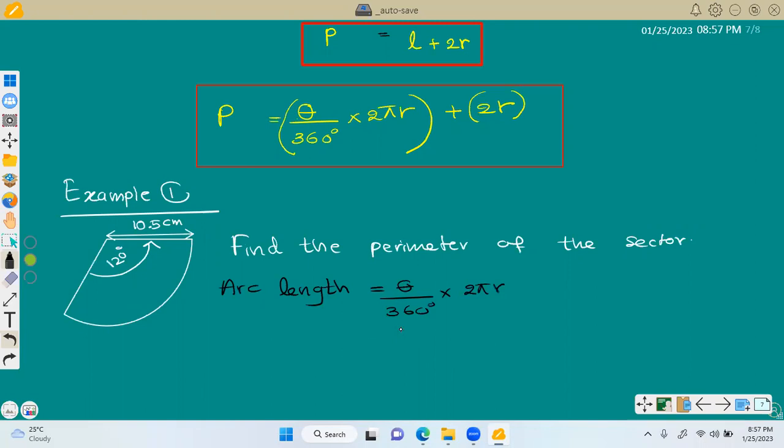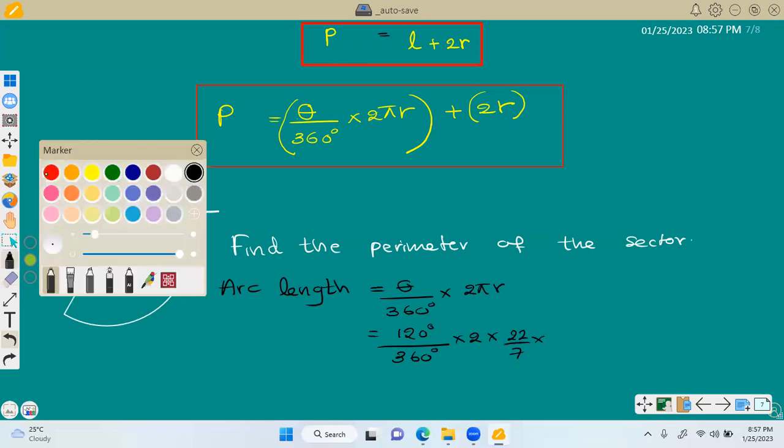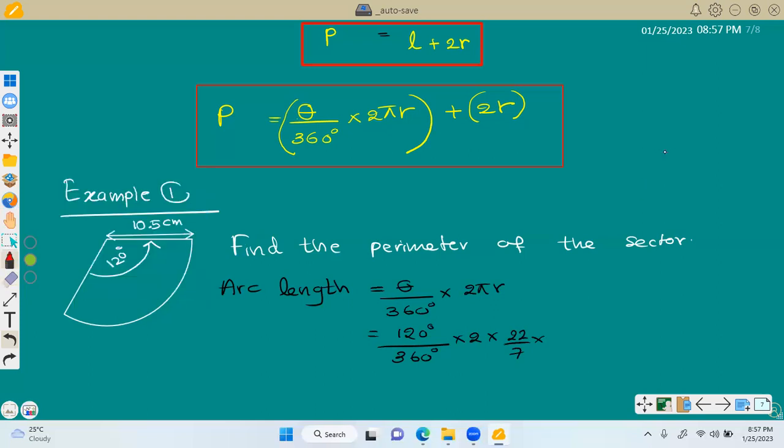Then theta is 120 upon 360 into 2 into 22 upon 7 into r is 10.5 centimeters. Then instead of 10.5, what do we do? What is our easy way? 10.5 is substituted by 21 upon 2, no?